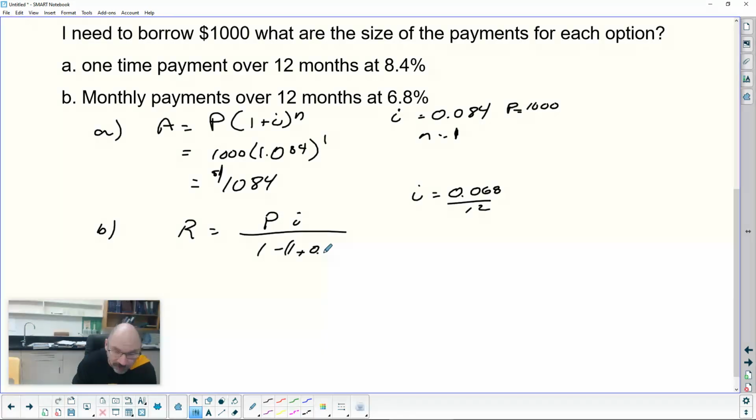That's 0.00566, etc. And then the number of periods, this time we have 12 months. So we're going to add 1 to it, and then raise it to the power of -12.